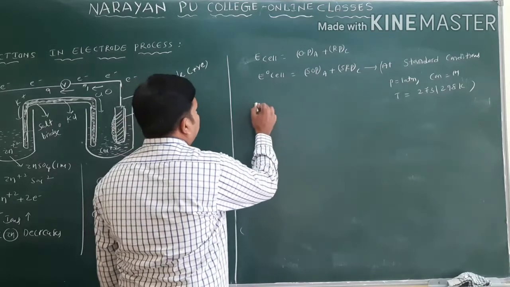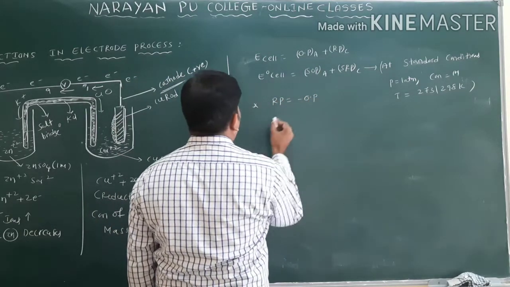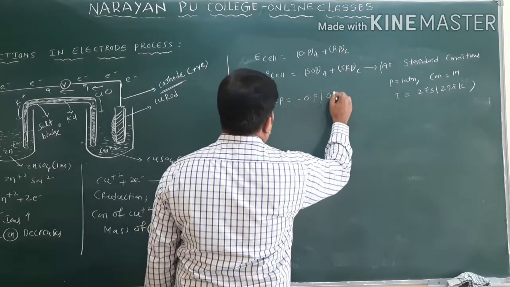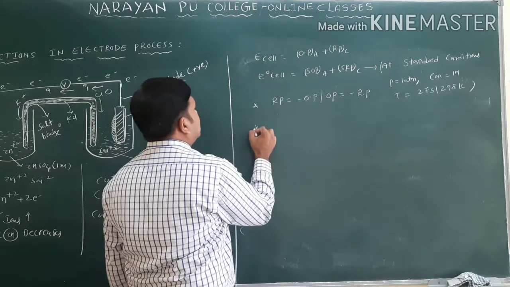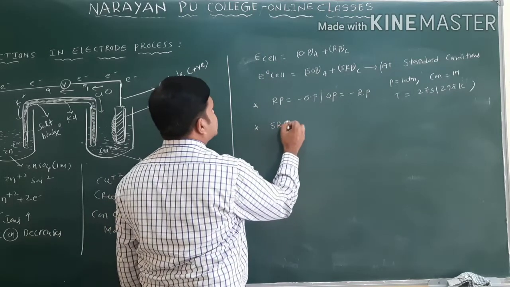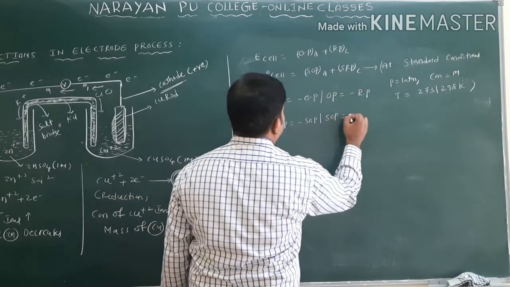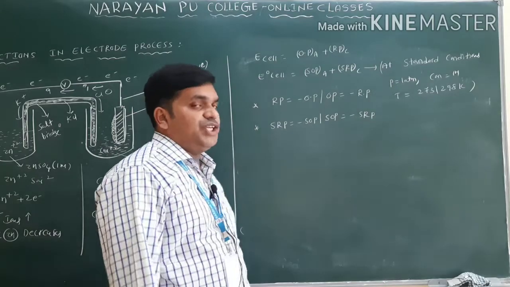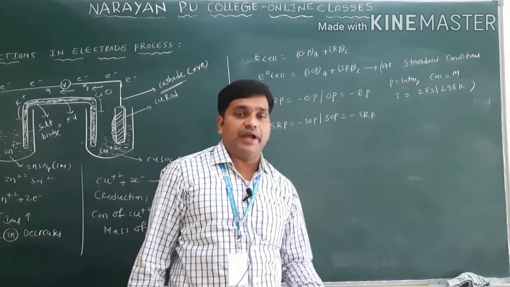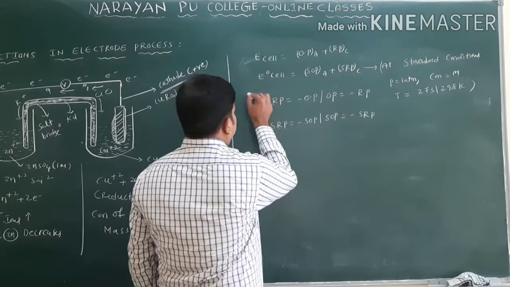But we have to know one point here: reduction potential is equal to minus oxidation potential, or oxidation potential is equal to minus reduction potential. That is, SRP is equal to minus SOP, or SOP is equal to minus SRP only. In the problem, they give an oxidation potential or reduction potential, you have to identify it, then you can convert using these relations only. Clear?